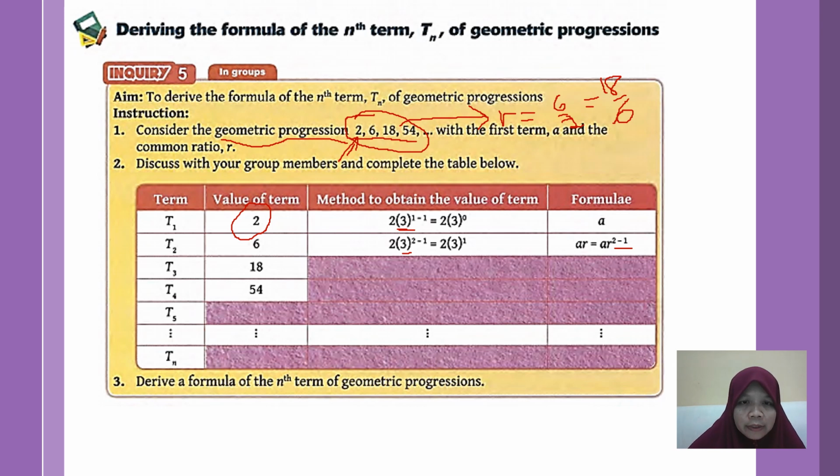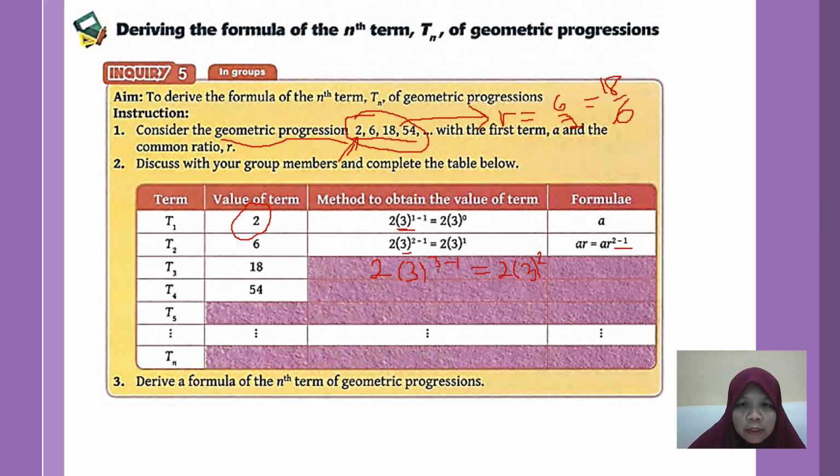How to get 18? We know that the first term is a, so 2 times 3. We can write 2 times 3 to the power of, this is the third term, so 3 minus 1. 3 minus 1 is 2, so this is equal to 2 times 3 to the power of 2. 3 to the power of 2 times 2 is 18.